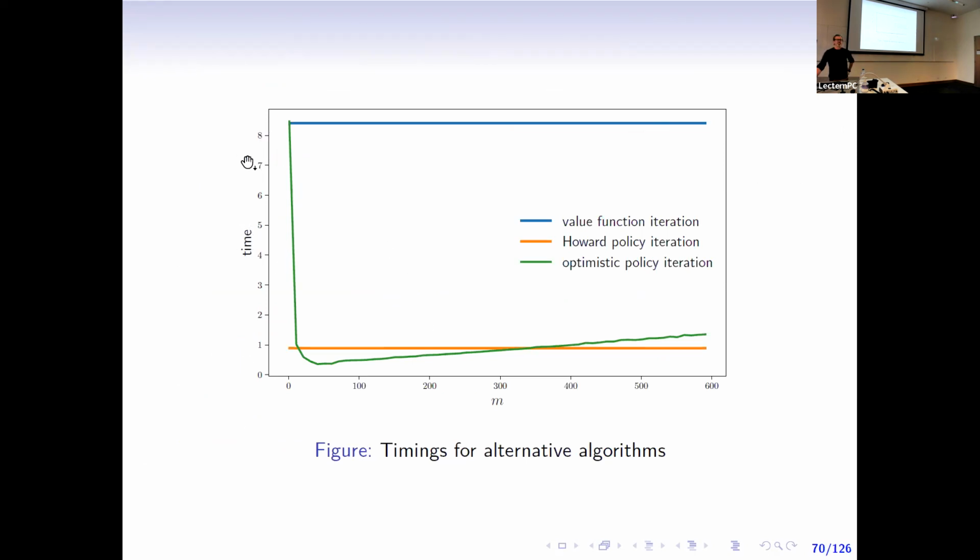This was on a different machine, and this machine had a lot more CPUs. The amount of time that it took to run value function iteration was a bit over 8 seconds, maybe 9 seconds. Howard policy iteration was down around 1 second. This axis here is M, the parameter of optimistic policy iteration. And what we find is that for a lot of intermediate values of M, optimistic policy iteration is going to be the fastest of all of these algorithms.